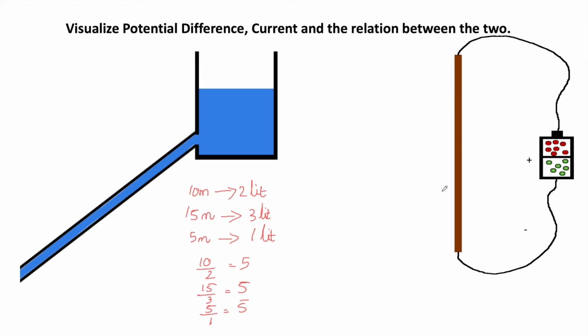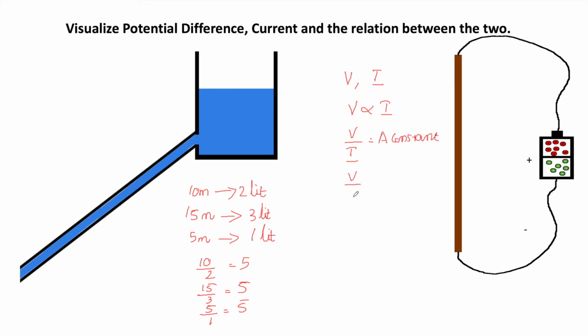Now come to the copper wire. Here current is the rate of flow of charges. So if the potential difference is more, the current is more. If the potential difference is less, the current is less. That means potential difference is directly proportional to current. Potential difference we can represent by the letter V, and the current we represent by the letter I. So V is directly proportional to I. Then V by I will be a constant.